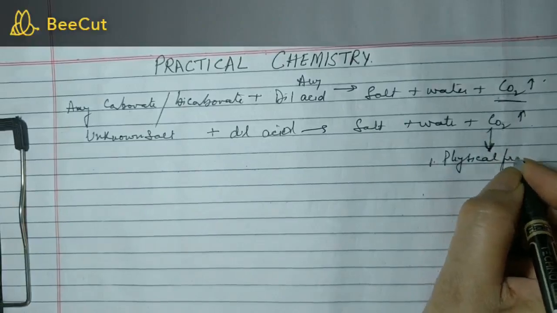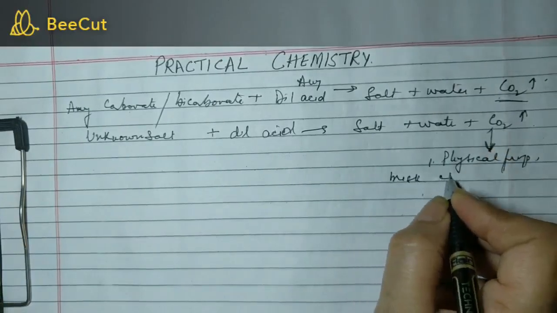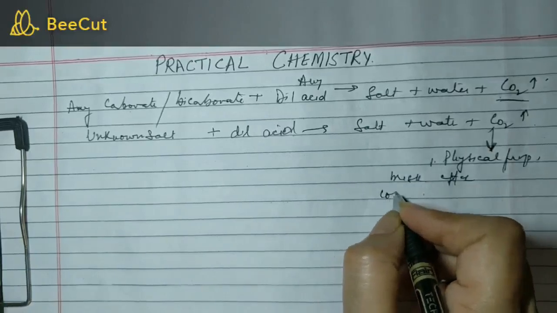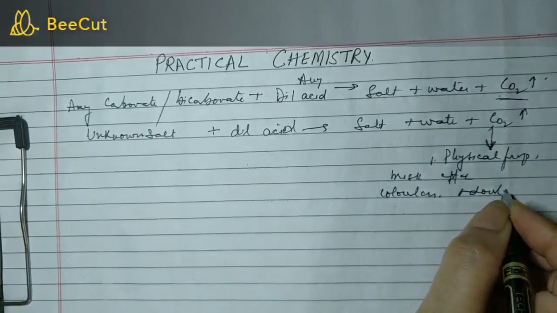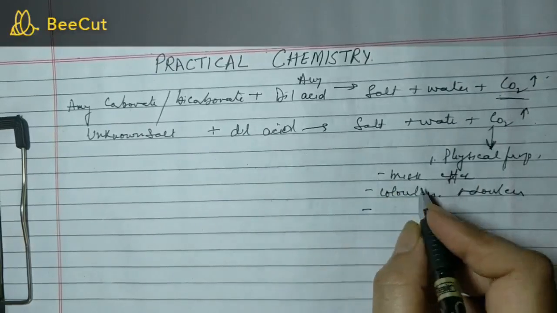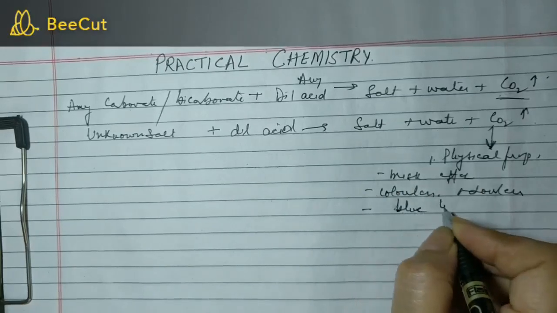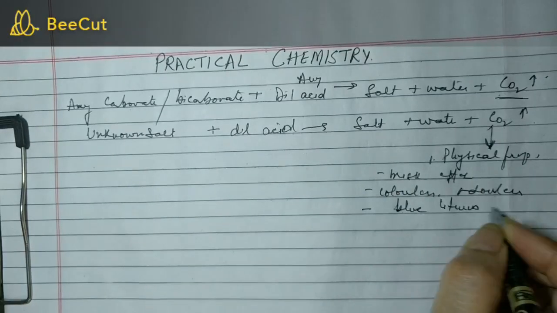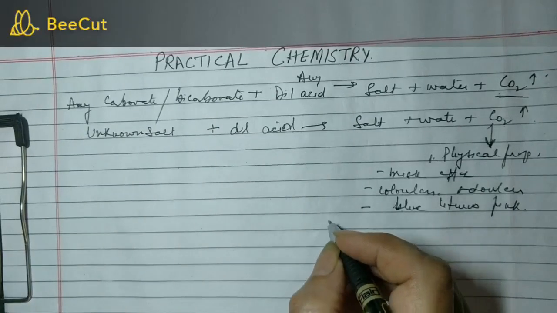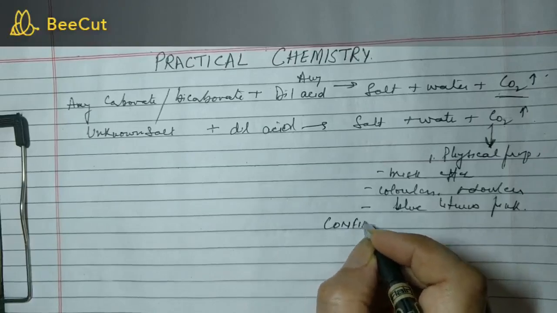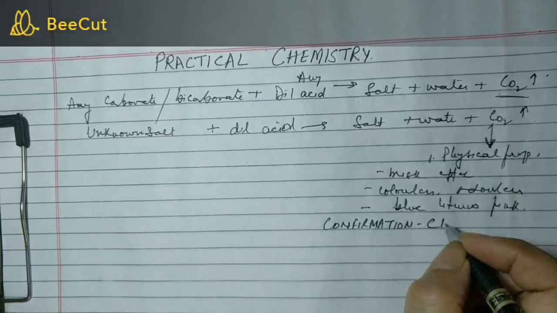For example, if you are studying carbon dioxide, it comes out with brisk effervescence. It is a colorless, odorless gas. It is acidic in nature, so it turns blue litmus to pink. Now these are all physical properties, but the confirmation, please remember, will be done only by a chemical property.